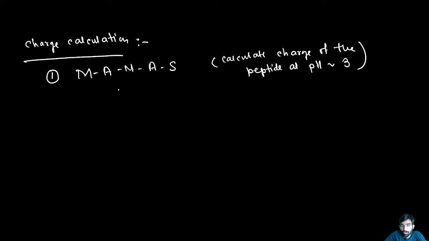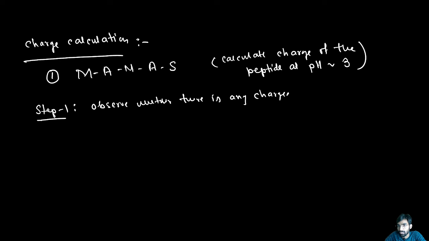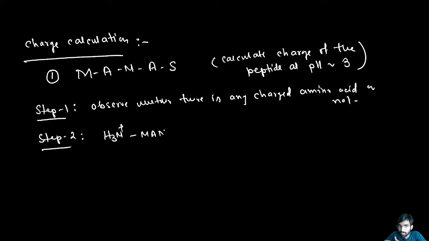At pH 3 you have to first see, so for step 1, observe whether there is any charged amino acid or not. Step 2, what you have to do? Write down the amino group in that format and then MANAS and then COOH in that format.